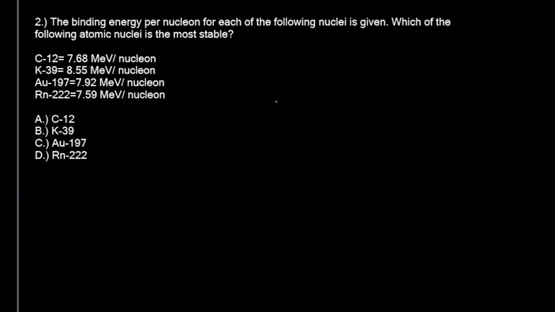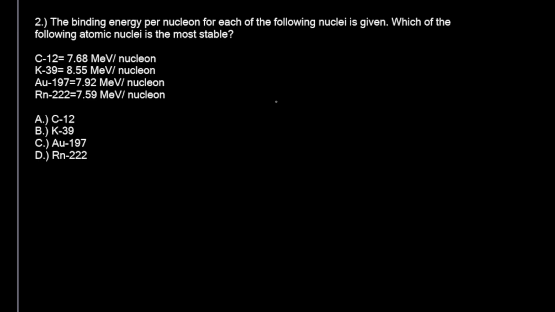Number 2, it asks the binding energy per nucleon for each of the following nuclei is given. Which of the following atomic nuclei is the most stable? The binding energies are given in MeV. This stands for mega electron volts.